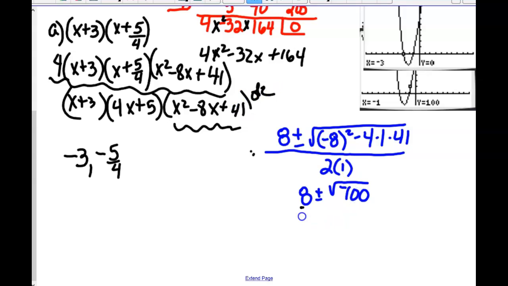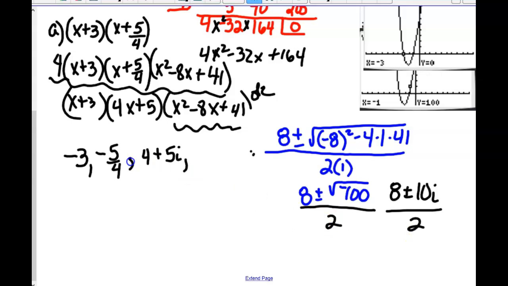Okay, now it's all over 2. So this becomes 8 plus or minus. What is the square root of negative 100? 10i divided by 2. They both have to divide by 2, so we get 4 plus 5i and 4 minus 5i. Whew, that was miserable. So that's actually the answers to C.